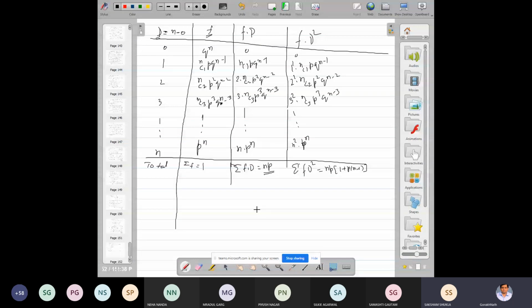The mean of the binomial distribution is equal to a plus sigma f d upon sigma f.